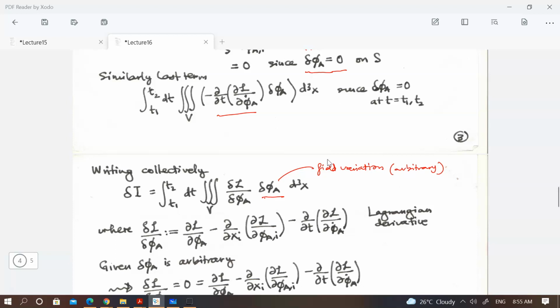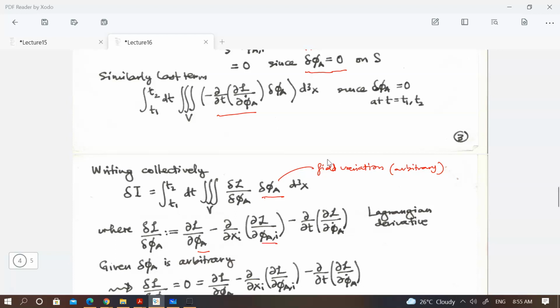We introduce another notation here, which is really not necessary: delta L over delta phi_a, which corresponds to the partial derivative of your Lagrangian density with respect to the fields, and then the partial derivative of your Lagrangian density with respect to the partial derivative of your fields.